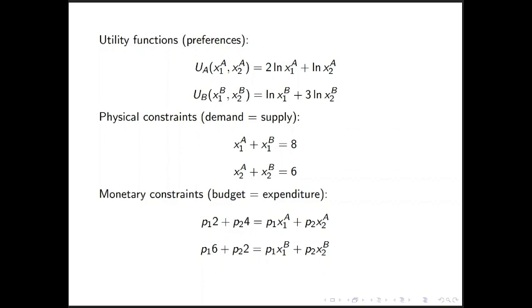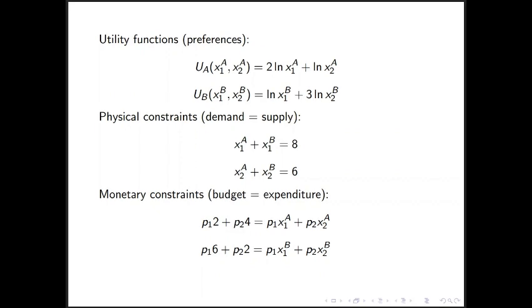So the physical constraints tell you that the total amount of consumption, which is on the left-hand side, is equal to the supply, what is available. And then we have the monetary constraints, and these tell you that the total budget for each player on the left-hand side must be equal to the expenditure.